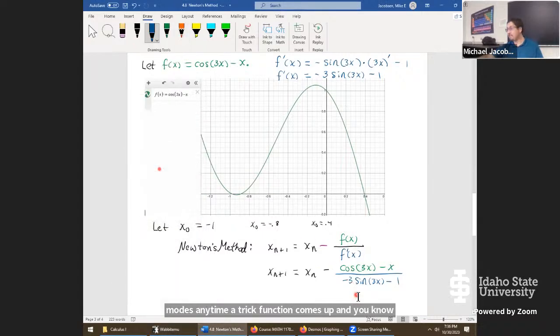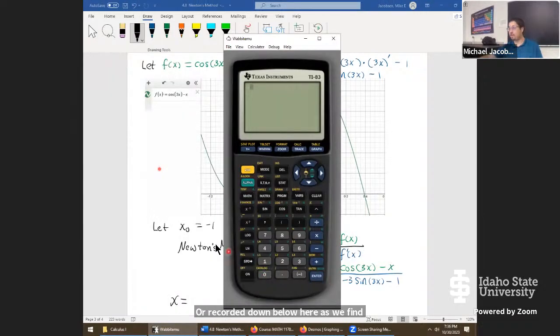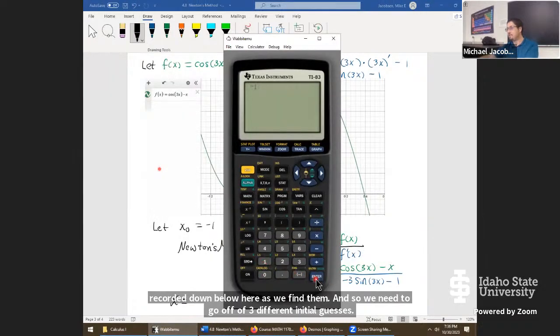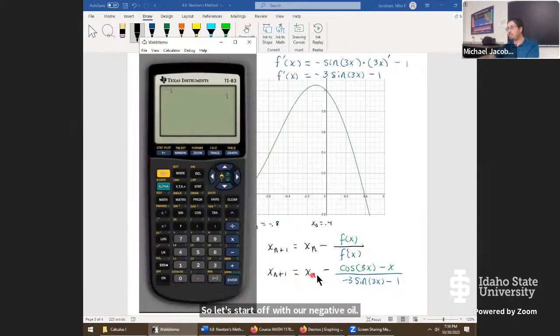Okay, with that out of the way, let's give this a try. Again, this is a tricky problem because we're going for 3 different solutions. I'll record them down below here as we find them. And so we need to go off of 3 different initial guesses. So let's start off with our -1. Once -1 is inserted, we're just putting in the right-hand side of this equation.